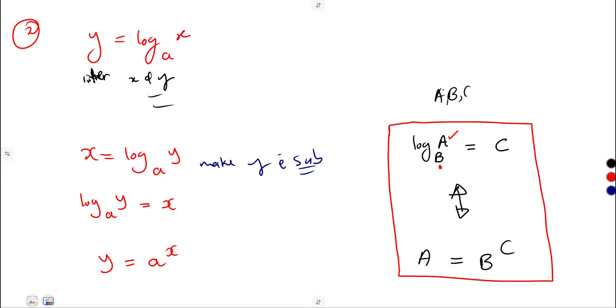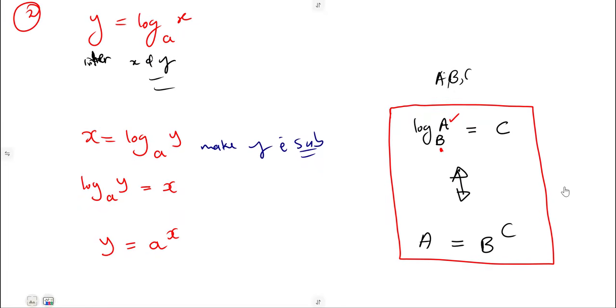So as we can see, guys, in simplifying from a log to an exponential, we have already made y the subject of the formula, which is what we want, which is what we need from this. Y is already the subject of the formula. That's exactly what we want. So therefore, the inverse is a to the exponent of x.